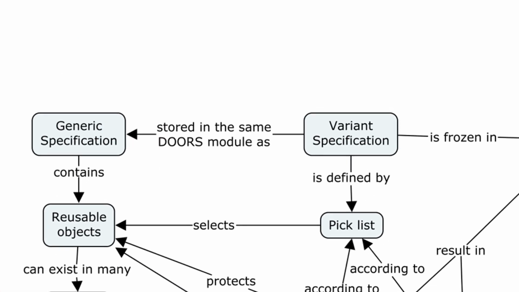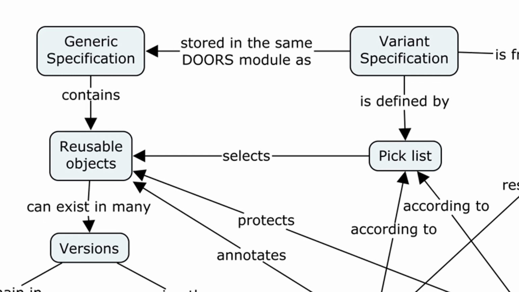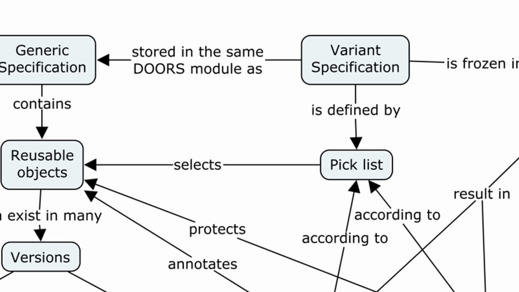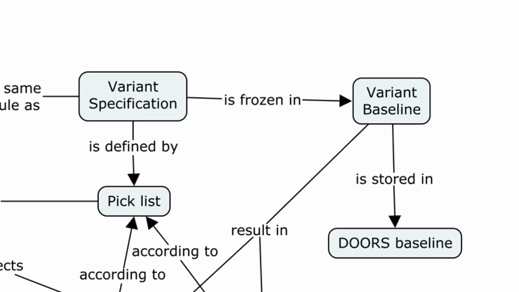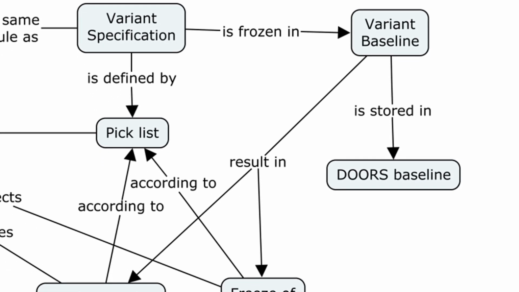In the same module, one or many variant specifications can exist. Each such variant specification is defined by a pick list that selects reusable objects. Variant specifications can be frozen in variant baselines. A variant baseline is stored as a DOORS baseline.